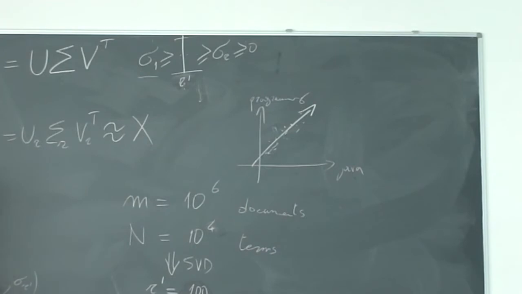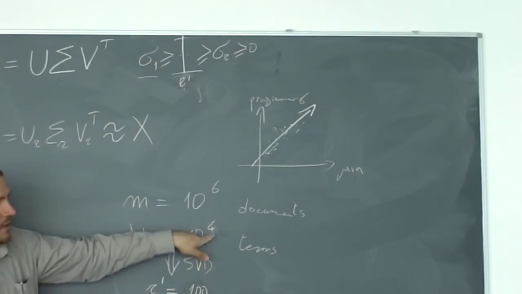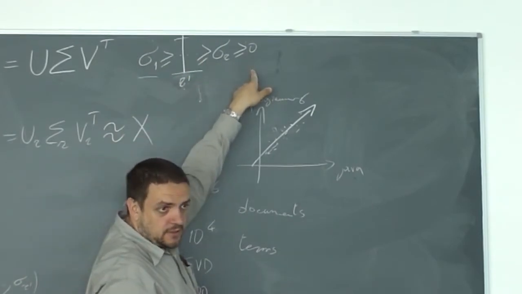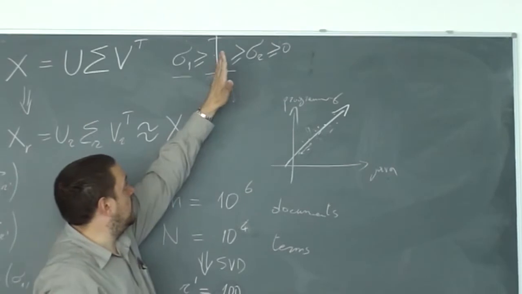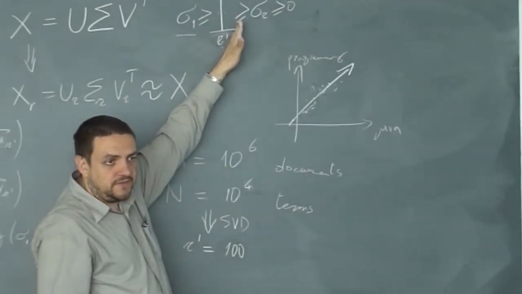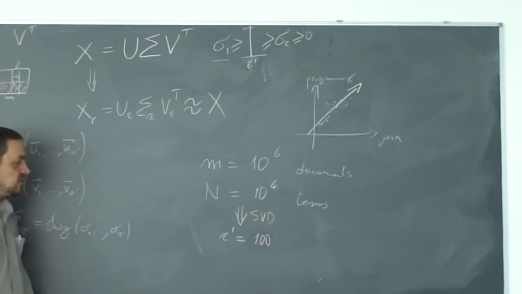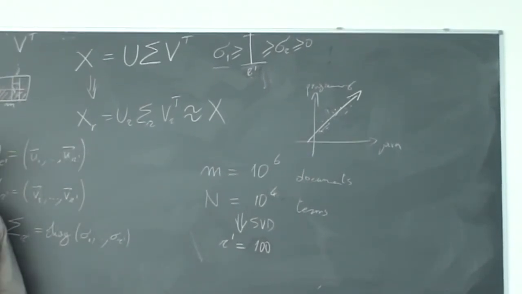This means that even though the rank of our matrix is 10 to the 4, 10,000, so in principle we have 10,000 values here, we can decide to filter out everything after the first 100 values. So we reduce the complexity of our search engine by a factor of 100.